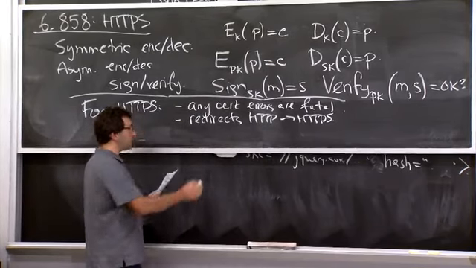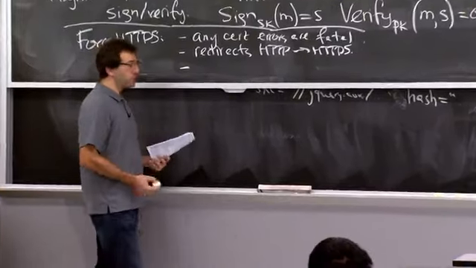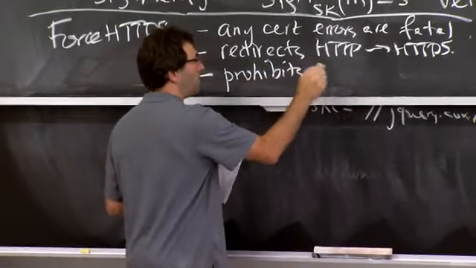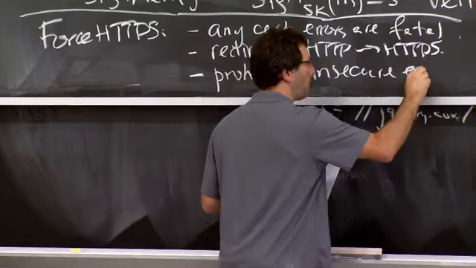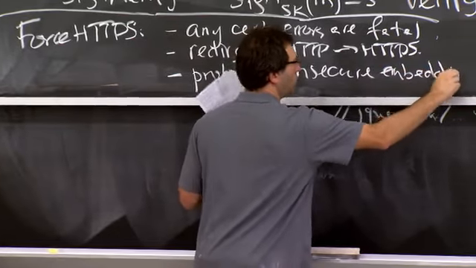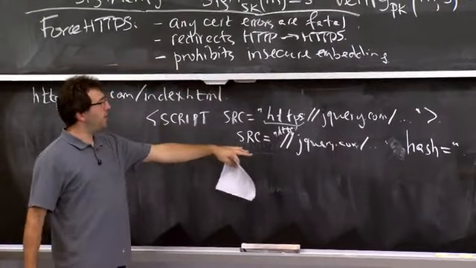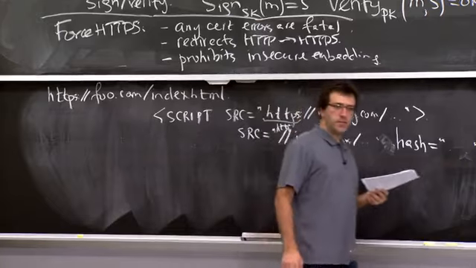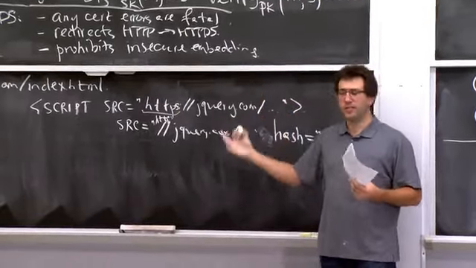And the last thing that this force HTTPS setting changes is that it prohibits this insecure embedding that we looked at below, when you're including an HTTP URL in an HTTPS site. Make sense?